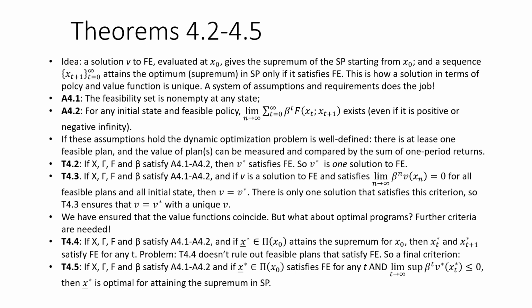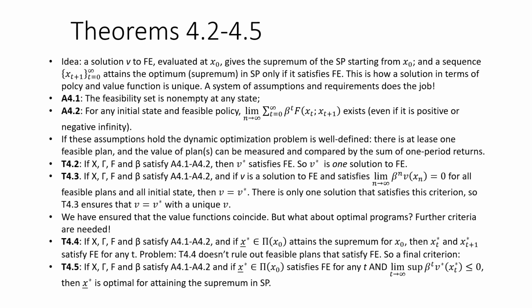And there is only one solution to the functional equation that meets this criterion. So by abiding by this criterion, we can rule out any other solutions to the functional equation.